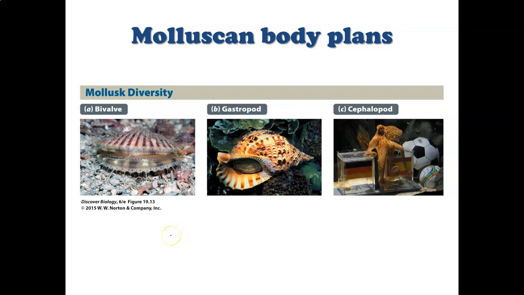So the clams and mussels and oysters, the guys with 2 shells, these are called the bivalves. Anything that slides on the ground like snails and slugs, abalone, these are called gastropods. And the tentacled mollusks like squid, octopus, cuttlefish, these are what are called cephalopods.